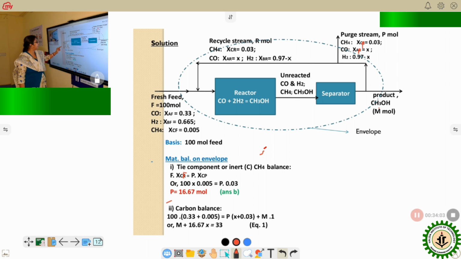Only carbon monoxide, hydrogen and methane. In the recycled stream, the same components are present. After reaction, only we are getting the methanol. And here 20% conversion is occurring.